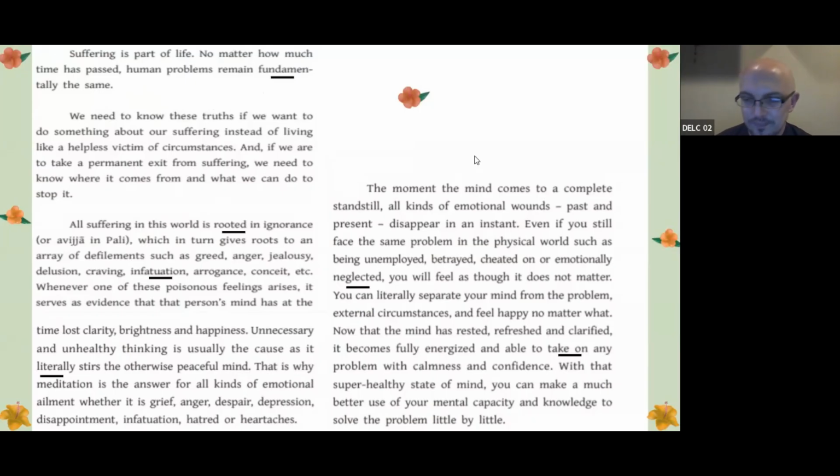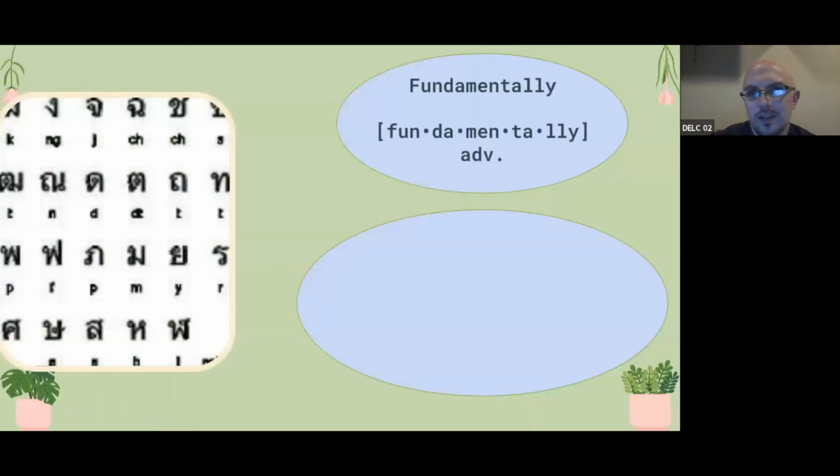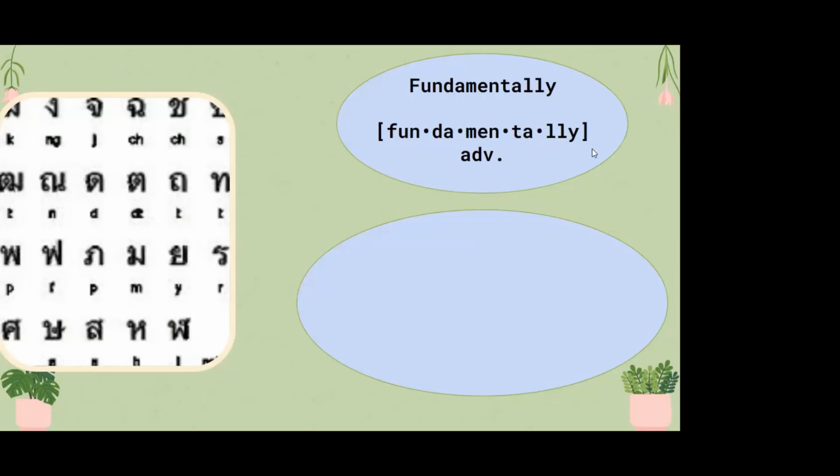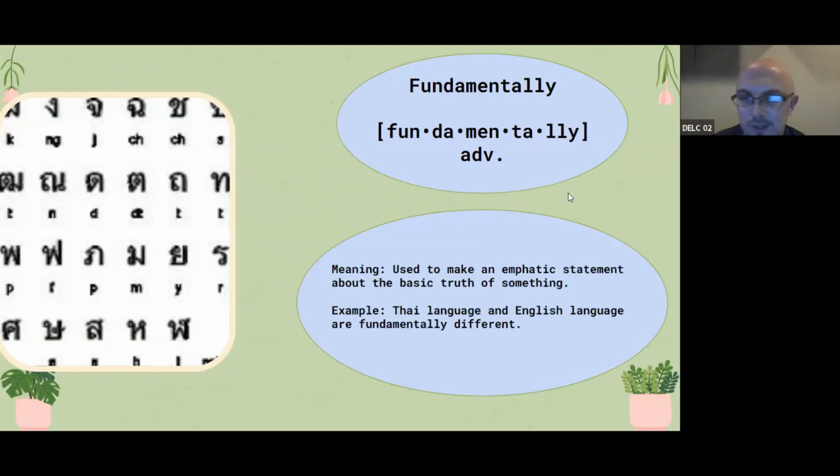So our first vocabulary word is fundamentally. Everyone, can we say fundamentally? Fundamentally. Very good. And I just use this picture here for our example. So fundamentally means that at the very core of something, or the very purpose of something.